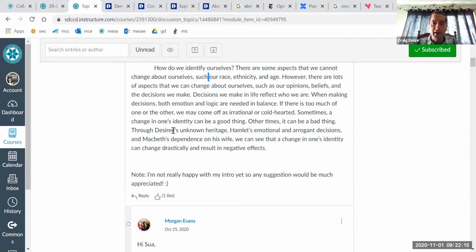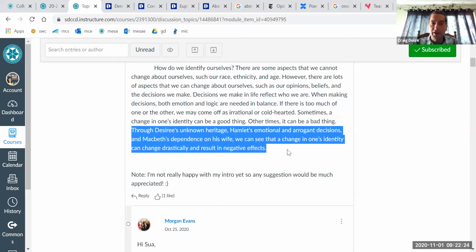Through Desiree's unknown heritage, Hamlet's emotional and arrogant decisions, and Macbeth's dependence on his wife, we can see that a change in one identity can change drastically and result in negative effects. Yes. Now, maybe you could just go a little bit further and result in negative effects when logos is not applied to the decision-making process, when characters let their irrational emotions fuel their decision-making process.